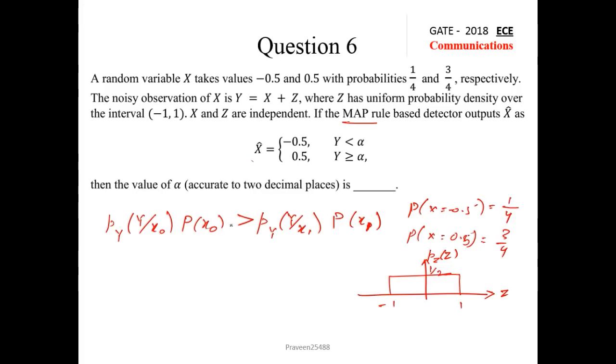If this LHS is greater than this RHS, then we will choose transmit symbol vector x0, otherwise we will choose x1. So this is the MAP criteria.